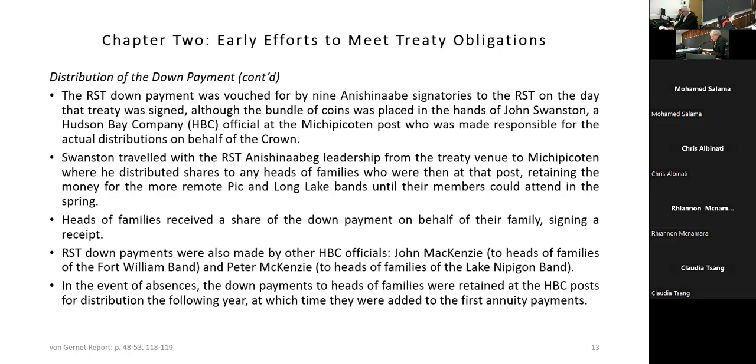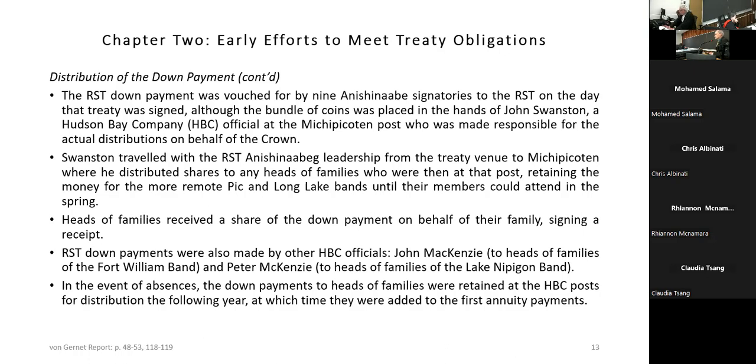And so they ended up at Michipicoten, and then he distributed the money to all the heads of families who were there, and then retained whatever money was left over, because not everybody's at the post at the same time. It's very rare. In fact, it almost never happened that the entire population would be at the post.